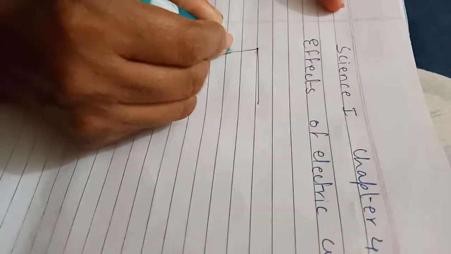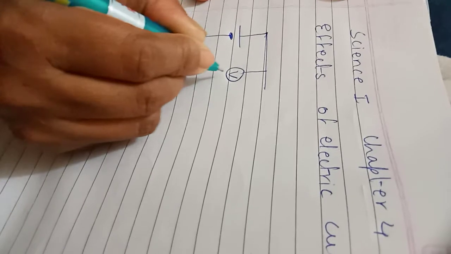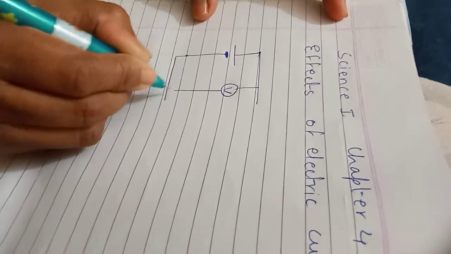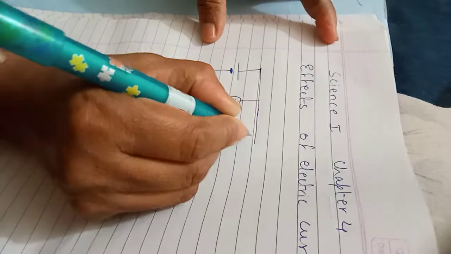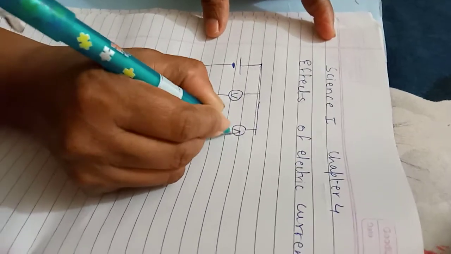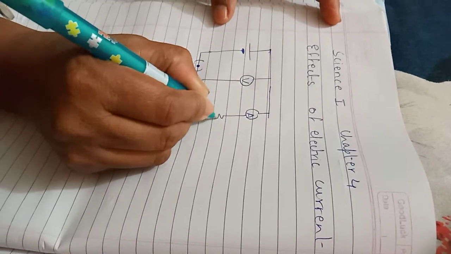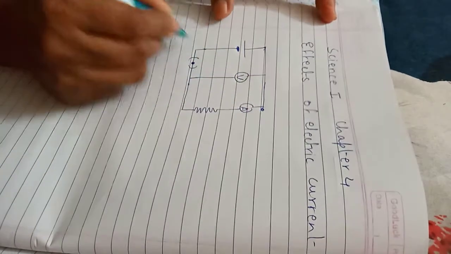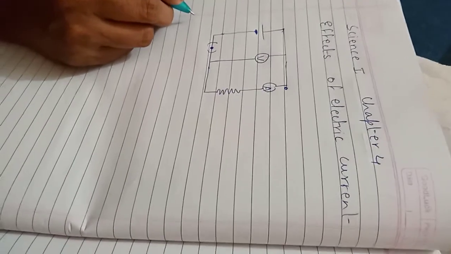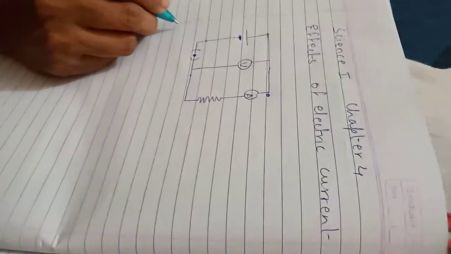It's a path necessary for the flow of current, which consists of the following: a cell, a voltmeter, a plug key, an ammeter, and a resistor. Plug key is the one due to which we can either make the current flow or stop the current flow.